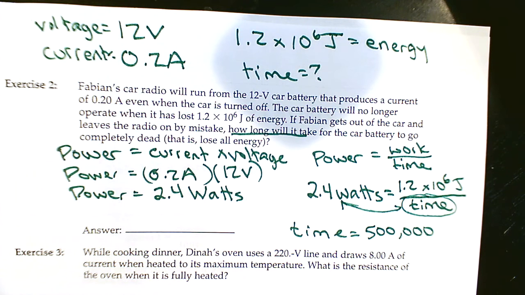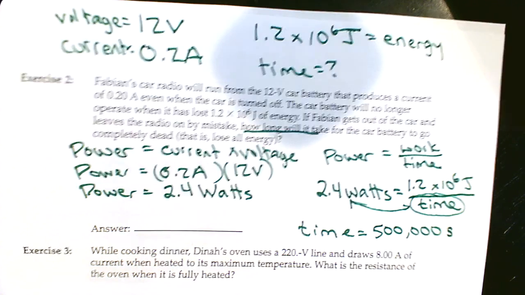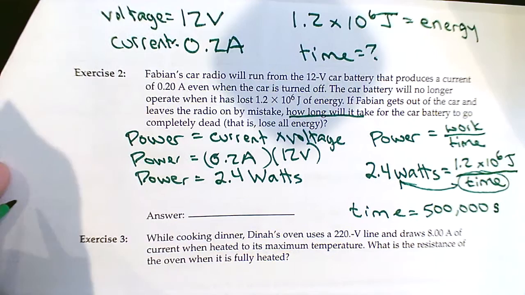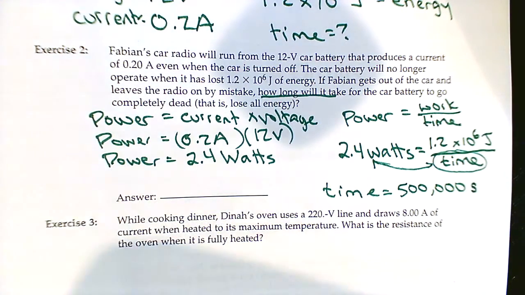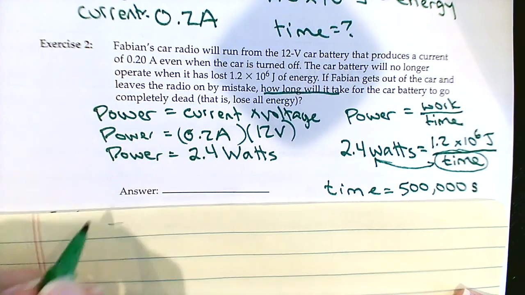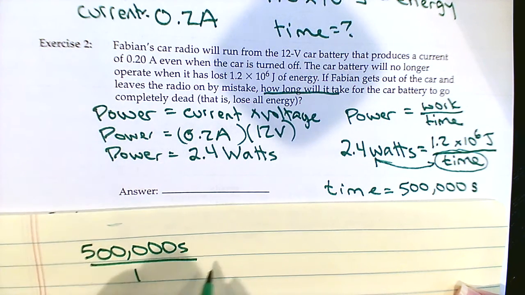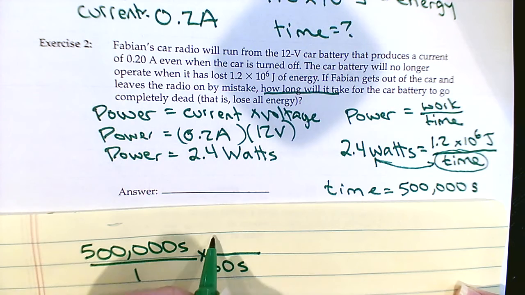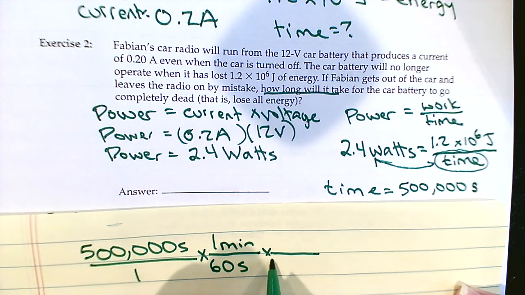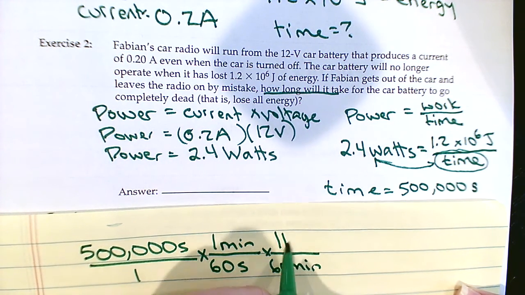What unit of time is our standard unit that we use unless otherwise specified? That's seconds. If somebody said 500,000 seconds to you, it probably doesn't give you a very good sense of how long that is, right? So what would be more useful is if I convert that to either hours or days. I have 500,000 seconds. I know there's 60 seconds in a minute, and 60 minutes in 1 hour.